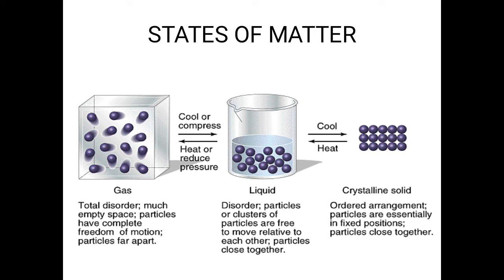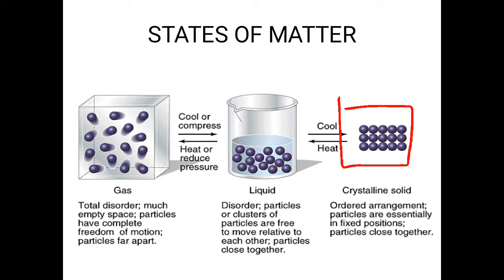When the matter is present in the solid state, the particles seem very orderly arranged, meaning they have fixed patterns of arrangement. That's why they are at fixed positions. The distance between these particles is the least, meaning the particles are very tightly packed together.